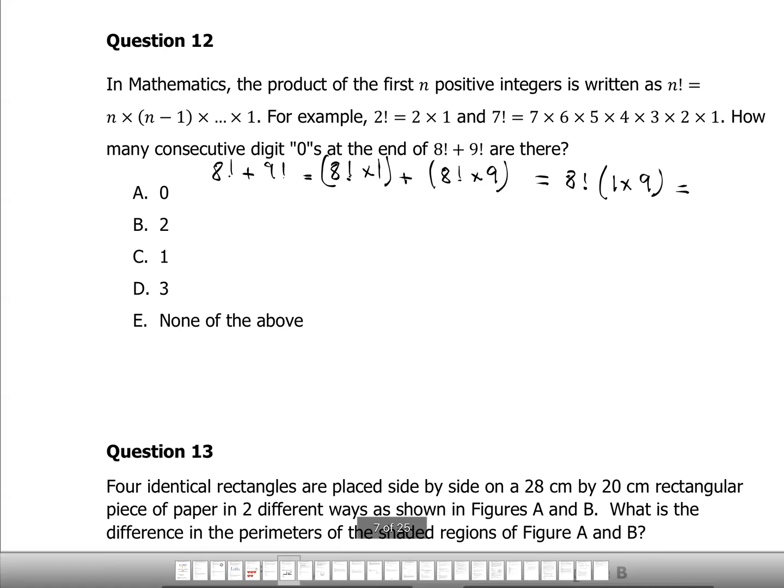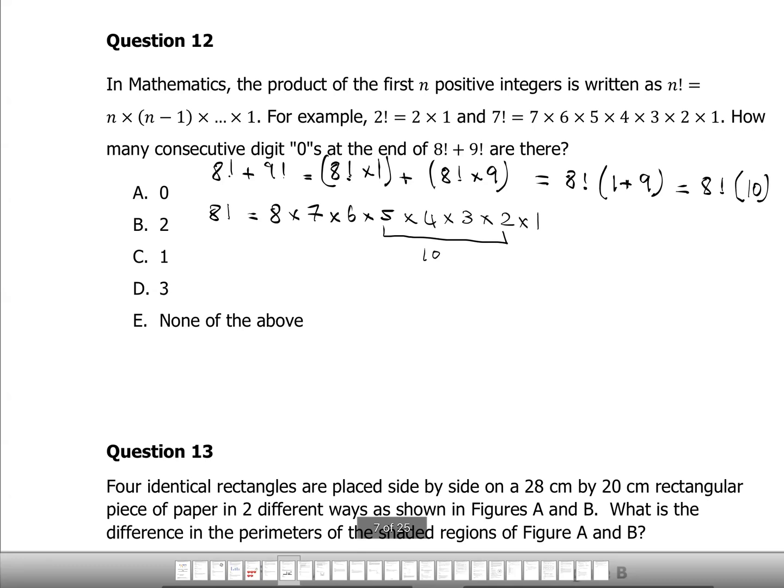It's actually 1 plus 9, which equals 8 factorial times 10. So 8 factorial times 10 already has a guaranteed 0 at the very end. So then we already have one 0. However, 8 factorial equals 8 times 7 times 6 times 5 times 4 times 3 times 2 times 1. 5 and 2 multiplied together equal 10.